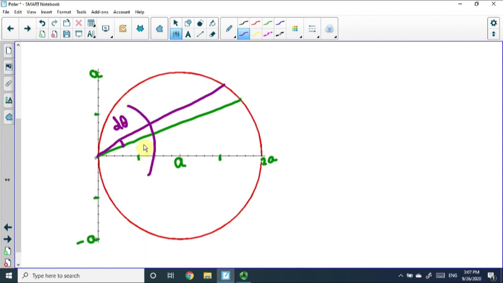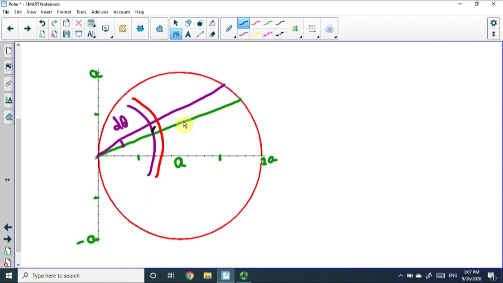R doesn't change. What is changing is theta, the angle. Now let's choose another value for r, which will also be constant, and then we will get this arc also. Now what I am interested in is this small area in between that's enclosed inside.